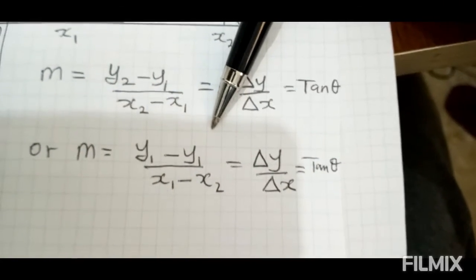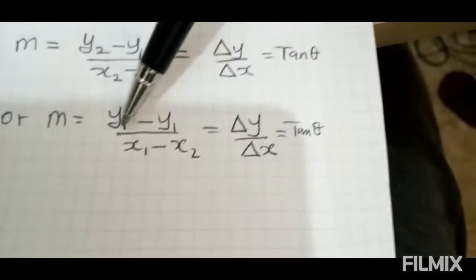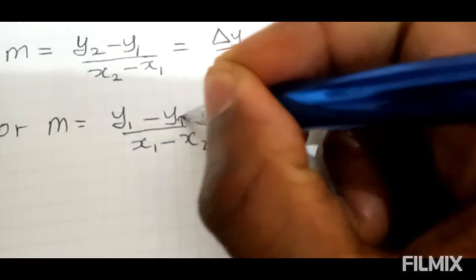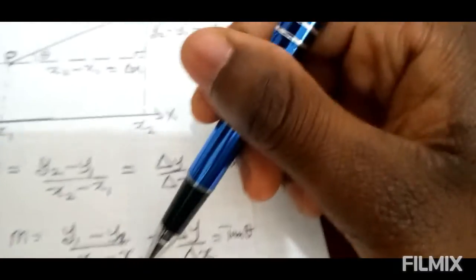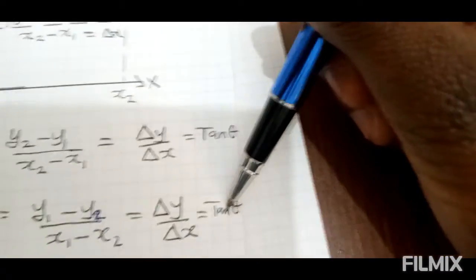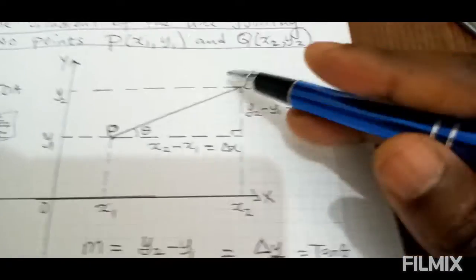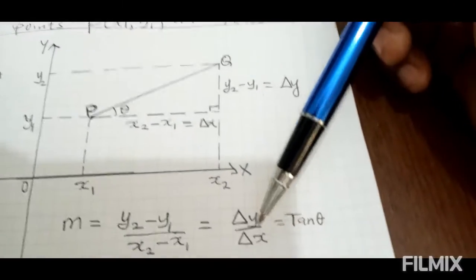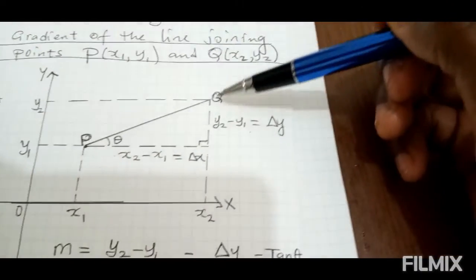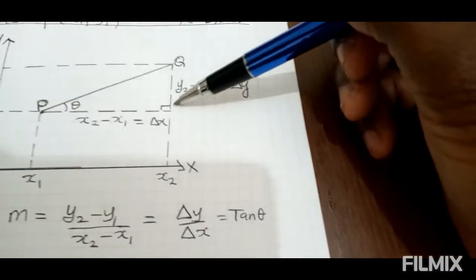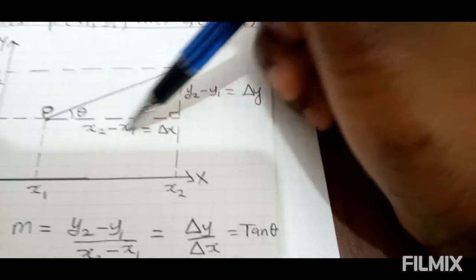The order does not matter. You can also write it as y1 minus y2 divided by x1 minus x2. It is the same as tangent of theta. It gives the same answer. So this is the formula of the gradient. It is simply the change in y divided by the change in x.